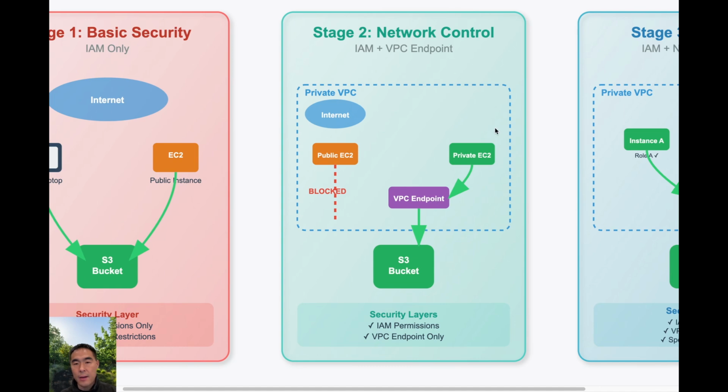And I've spun up another EC2 instance that is in the private VPC. The only way for it to make calls to the S3 bucket is via this VPC endpoint.